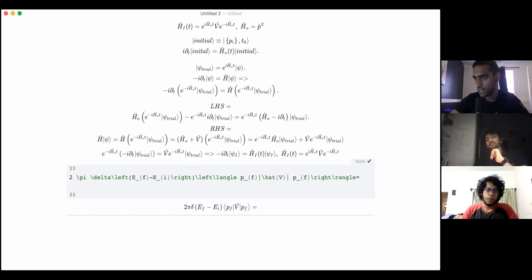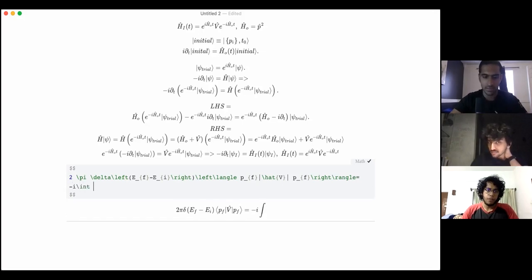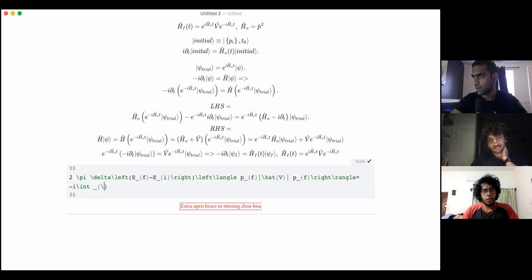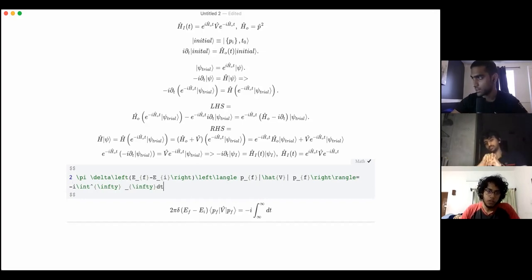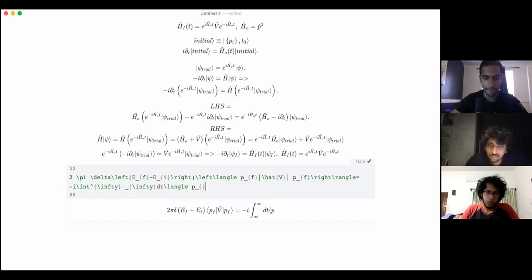minus i times the integral from minus infinity to plus infinity of dt. There's just one t here.